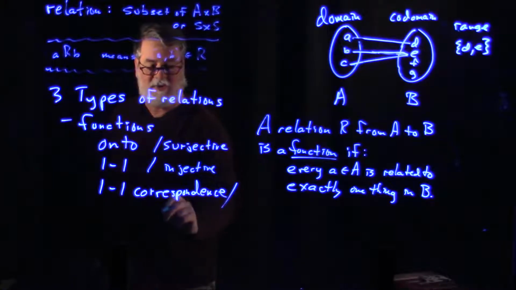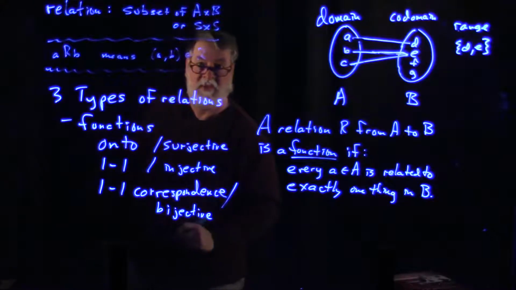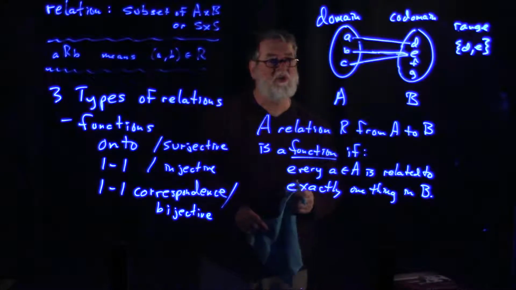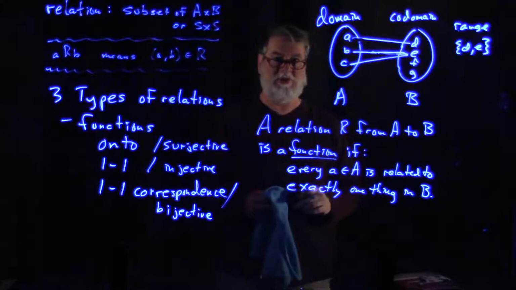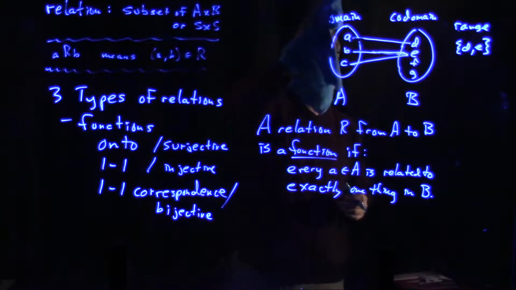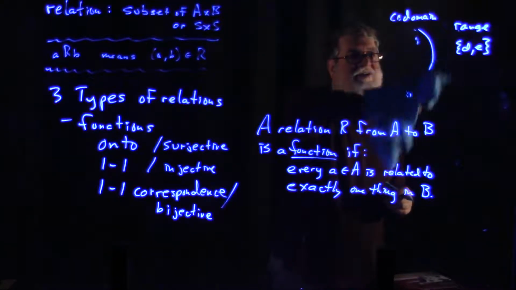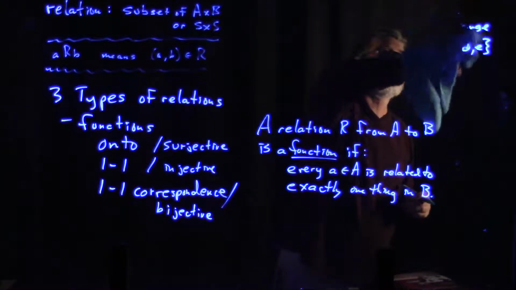And if it's a one-to-one correspondence, it's called bijective. Okay. Here's the idea there. If it's onto, it means that the codomain is the same as the range. In other words, an onto function, I was going to say relation, but that'd be true too, but functions are what we're talking about in this case.